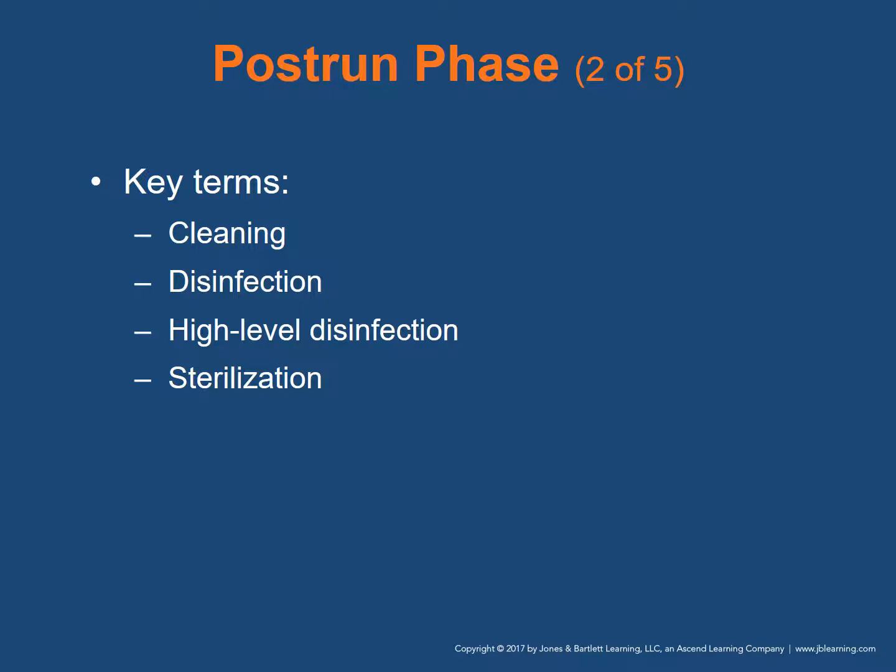High-level disinfection just means using very potent chemical agents to kill a wide variety of pathogens, bacteria, and viruses. And sterilization is using extreme heat to kill all microbial contaminants at the microscopic level. So these terms you need to be familiar with, and the differences between them.